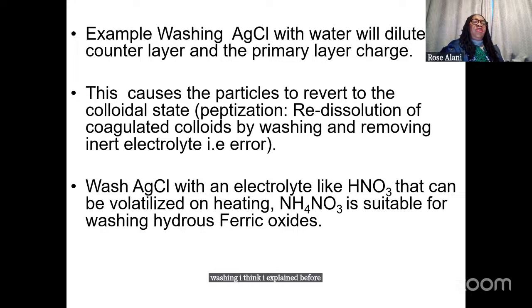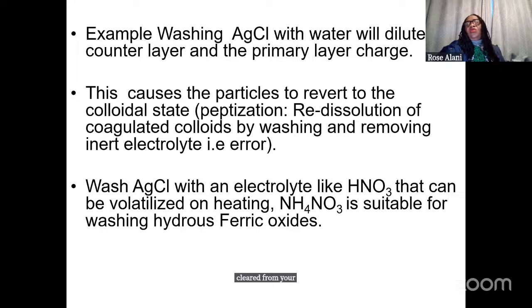When you have your precipitate on the filter paper, you just keep on pouring the solvent onto it and keep on filtering. You do that over and over until the mother liquor is completely cleared from your precipitate.